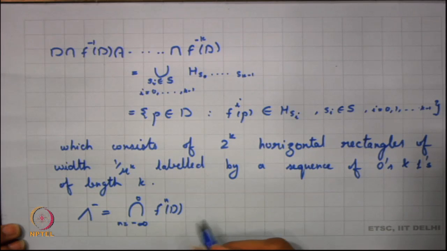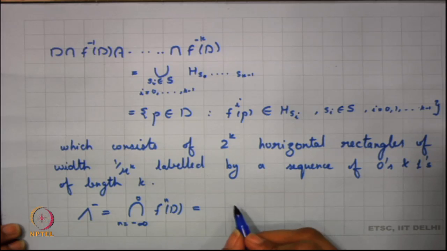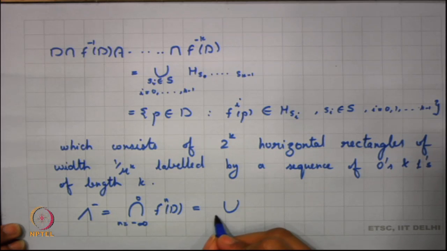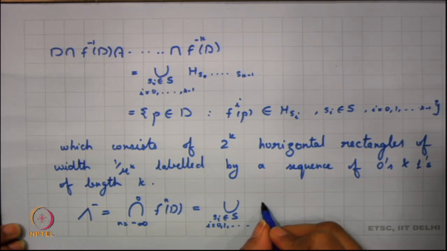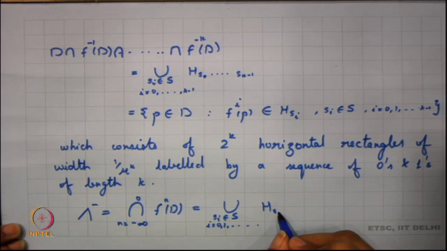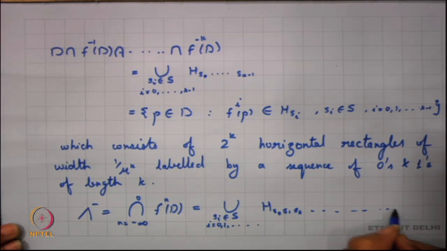So, what I get here is the union of all S_i belonging to S, where i varies from 0, 1 onwards, and I get sequences H of S0, S1, S2 and so on.